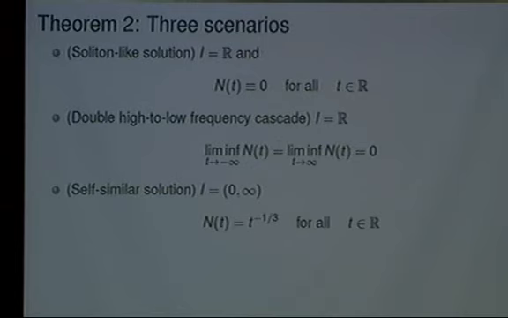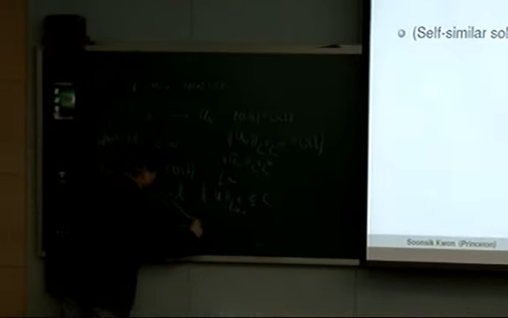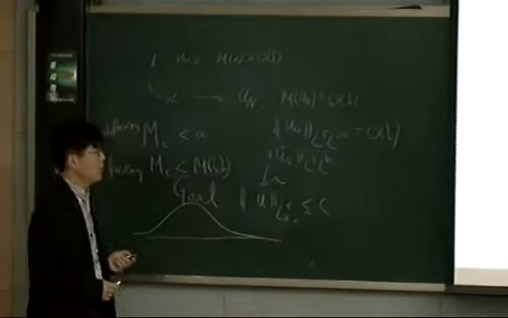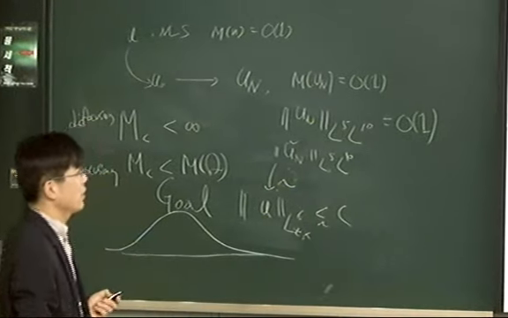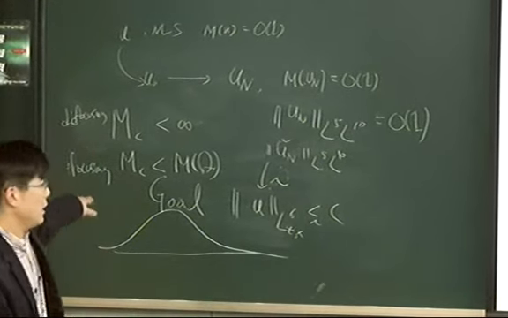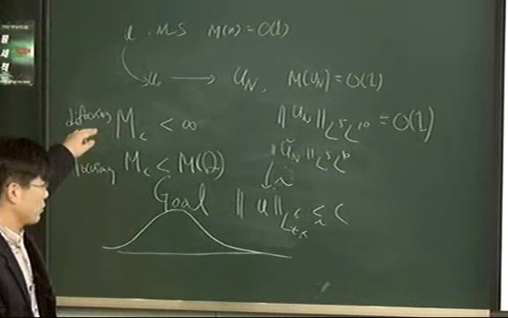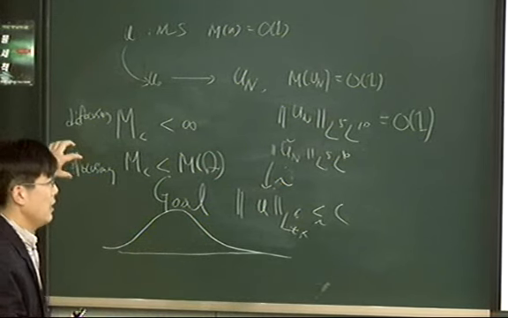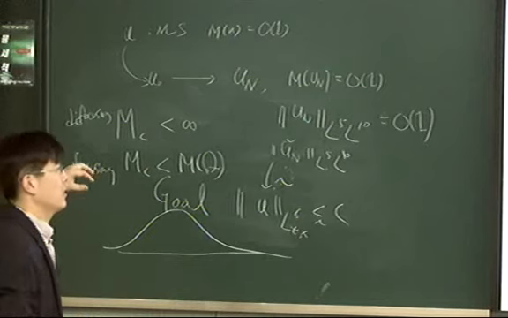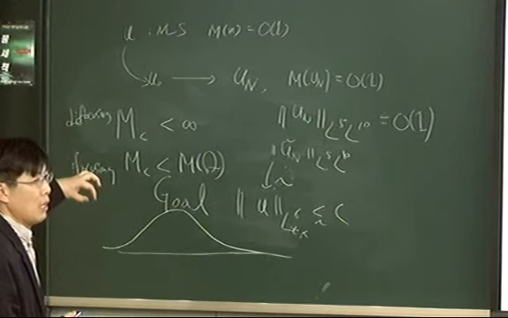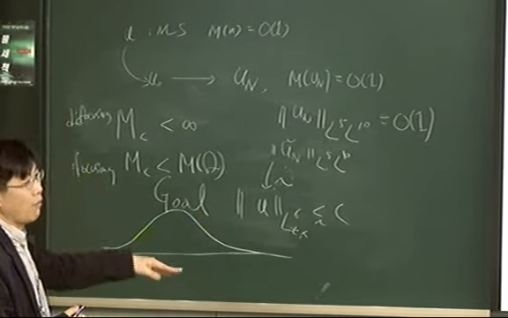Or the frequency scale function goes to 0 when t goes to negative infinity or positive infinity, from 0 to 0. If it is from some positive number to 0, that implies that high frequency data move to low frequency.